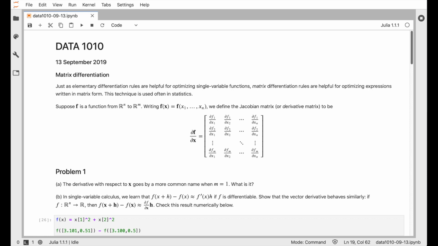So suppose you have a function from Rn to Rm. So it takes in multiple inputs and it gives multiple real values as output. The derivative is going to be the matrix you get by taking all the partial derivatives you can and arranging them into a matrix.